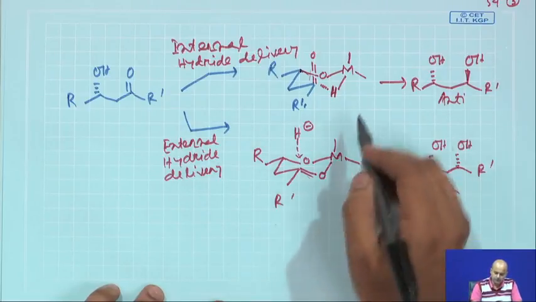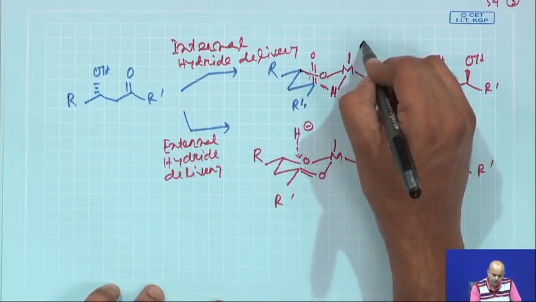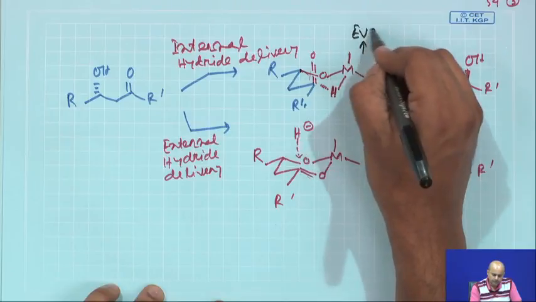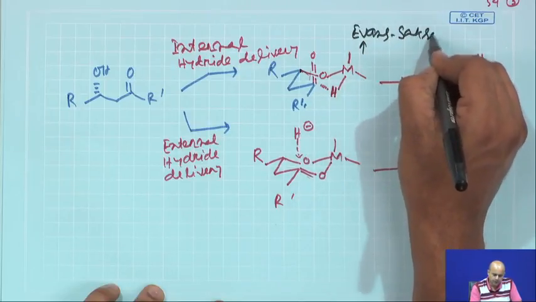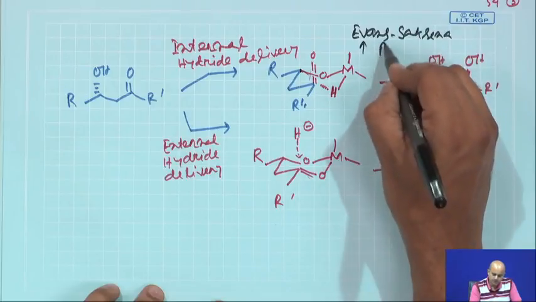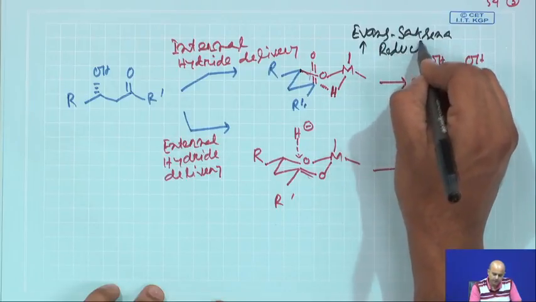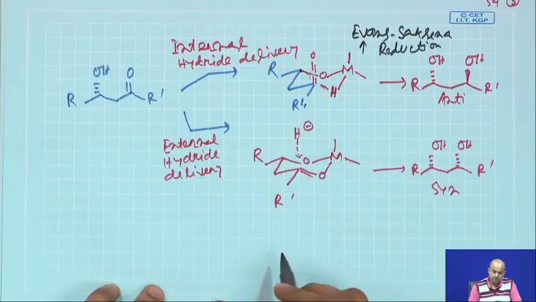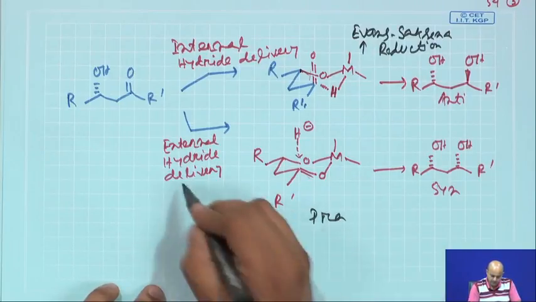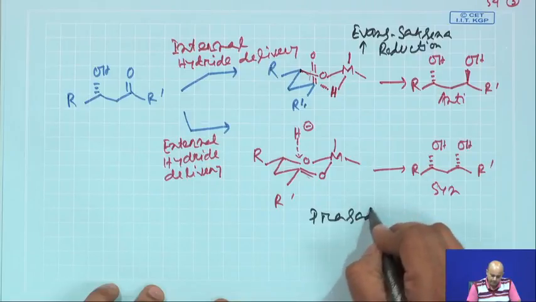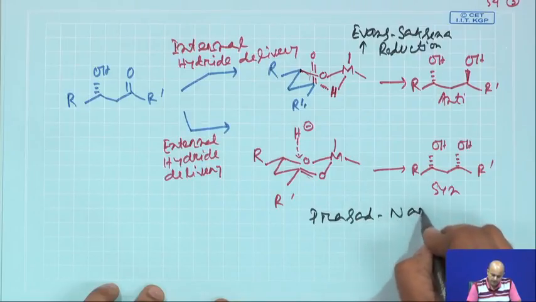The first reaction, the syn reaction, is known as the Evans-Saksena reduction. It is now a very famous name reaction, the substrate directed reduction, and the second one, the external hydride delivery, is named the Prasad-Narasaka reduction.